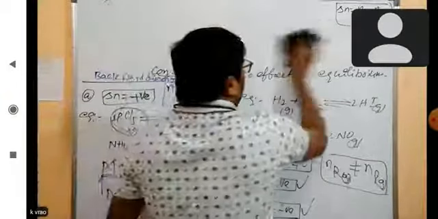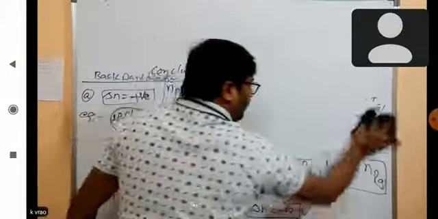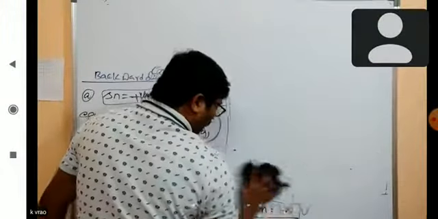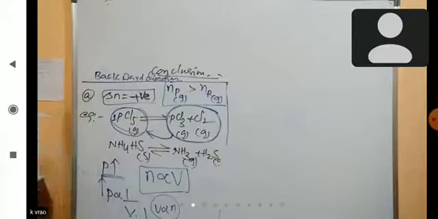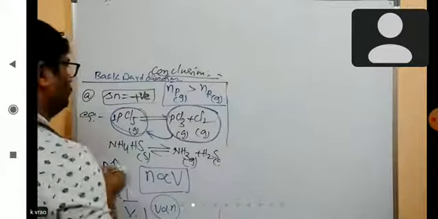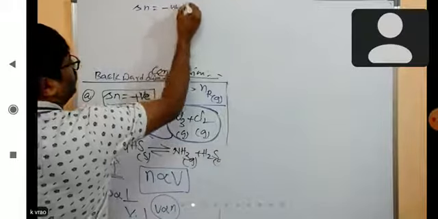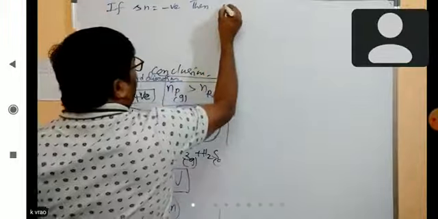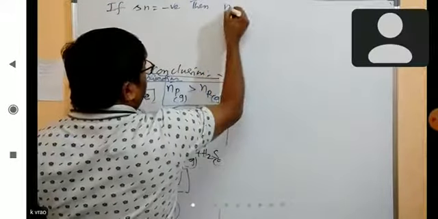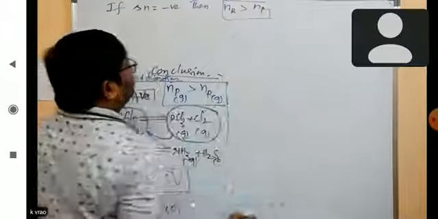Next, if delta n is negative, then the number of moles of reactants is greater than the number of moles of the products.